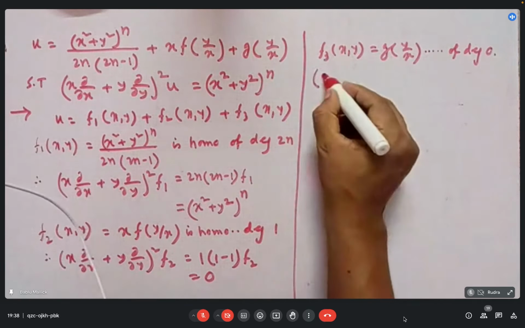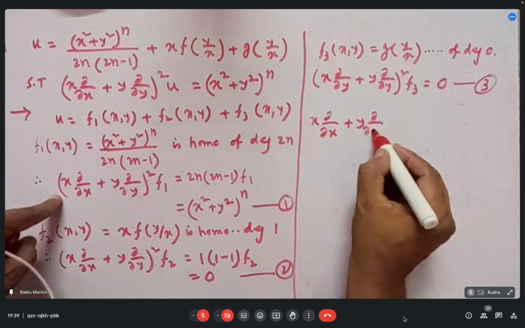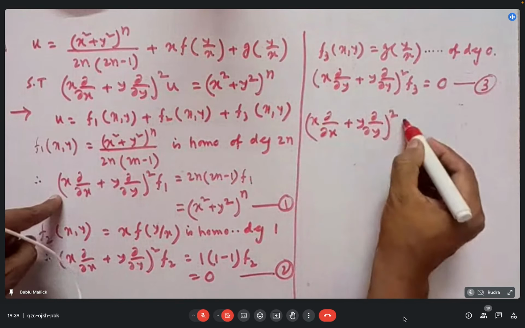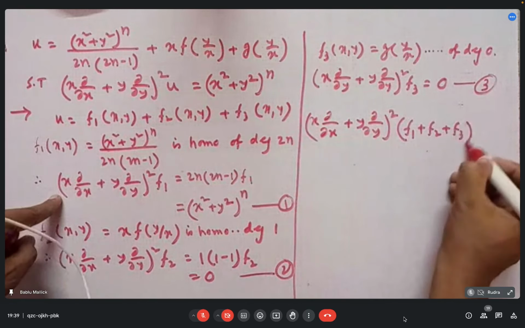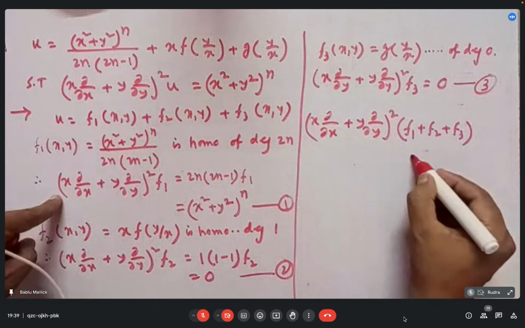Look, adding 1, 2 and 3 we get x into del x plus y into del y, this whole square of f1 plus f2 plus f3 is equal to x square plus y square whole to the power n.